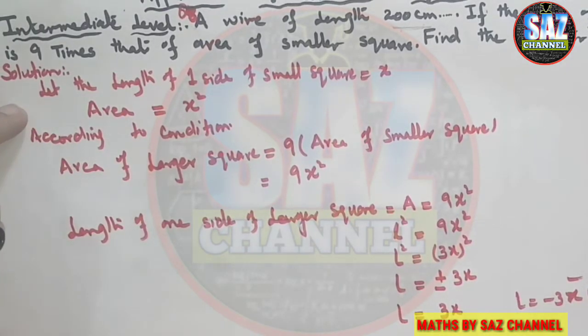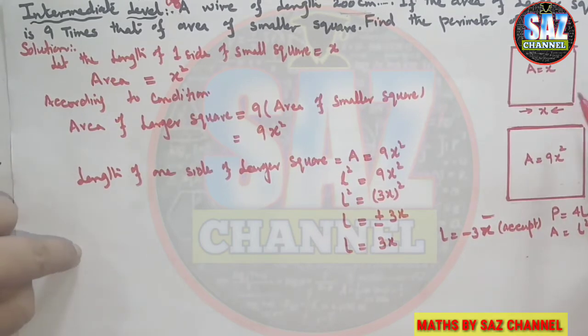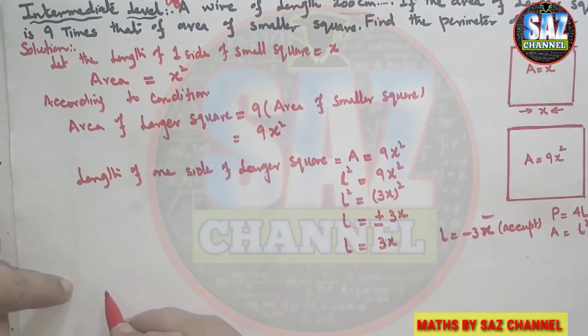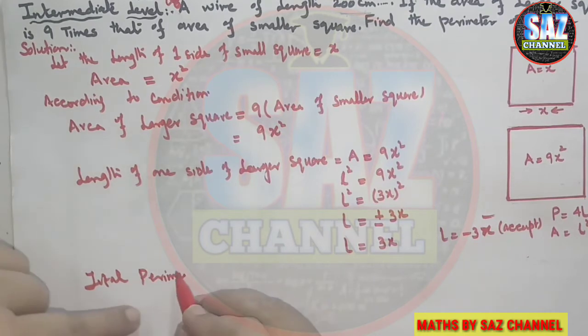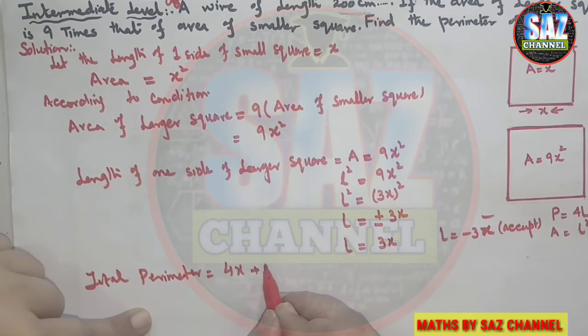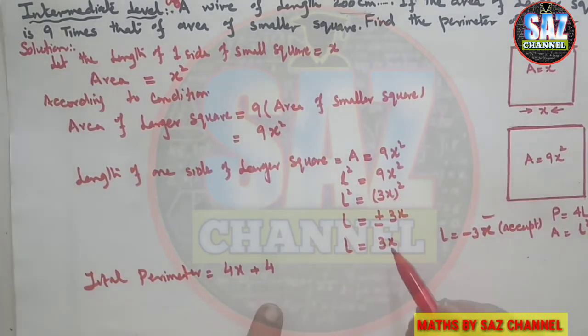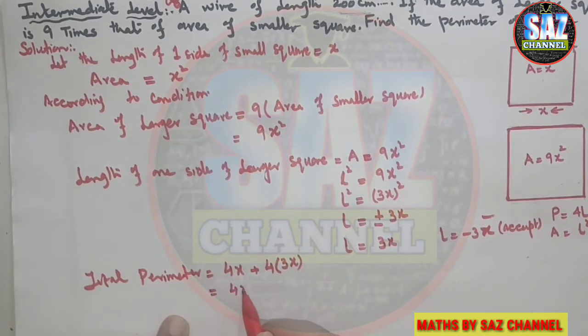So according to this condition, perimeter of the smaller square will be 4x, and total perimeter will be 4x plus 4 into, as the larger square has the length of one side 3x, 4 into 3x, and that will become 4x plus 12x, which is equal to 16x.